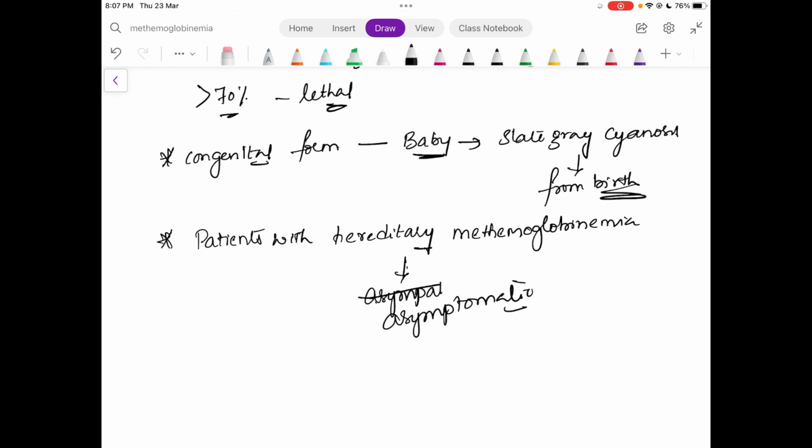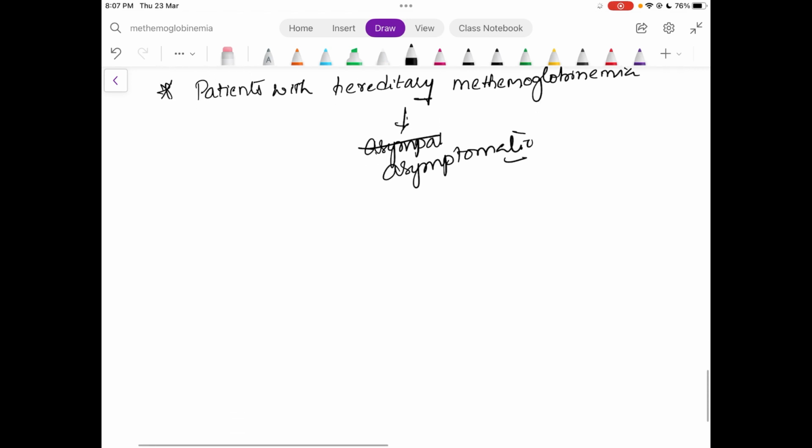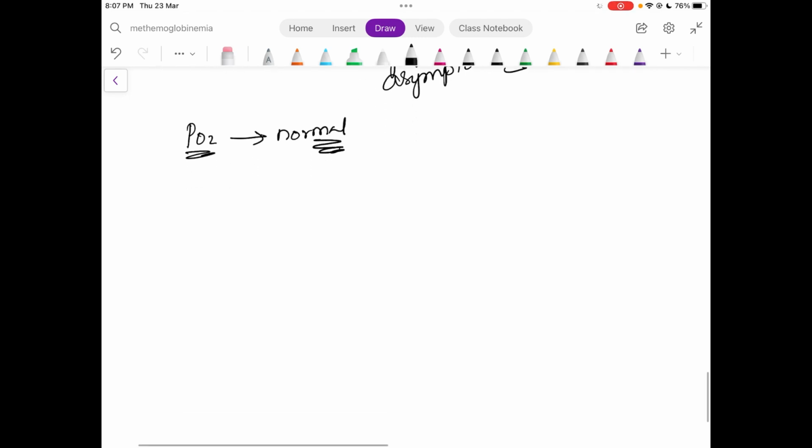They will have only cyanosis. All other symptoms will not be there with congenital methemoglobinemia patients. If you measure partial pressure of oxygen in methemoglobinemia patients, it is normal.